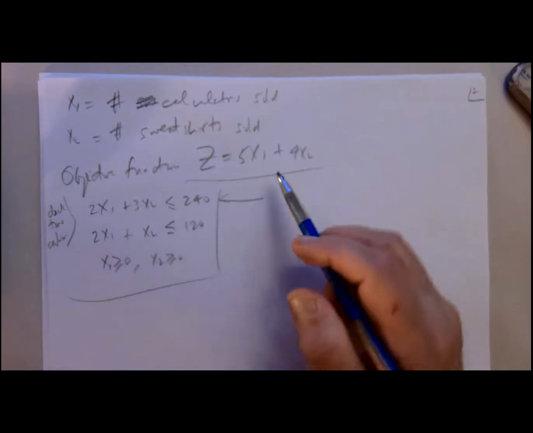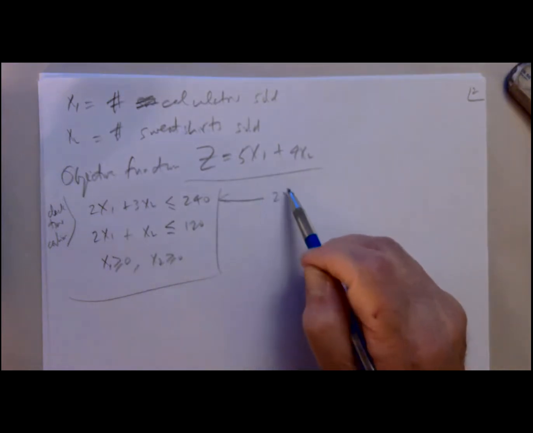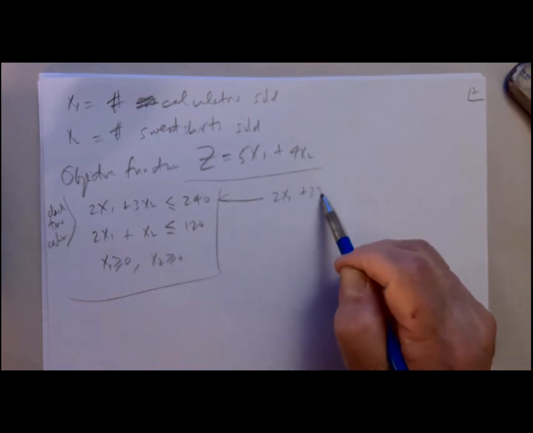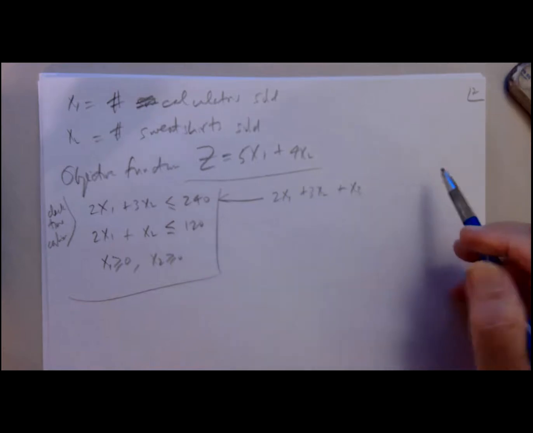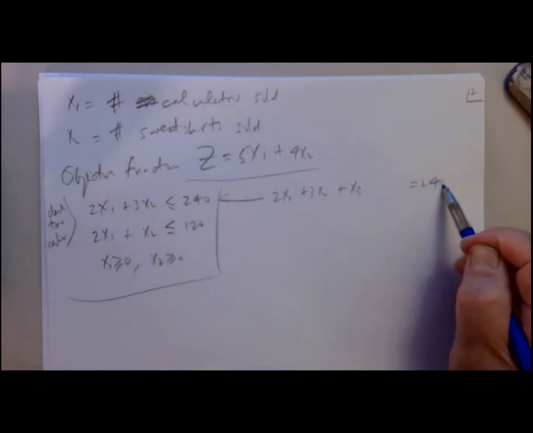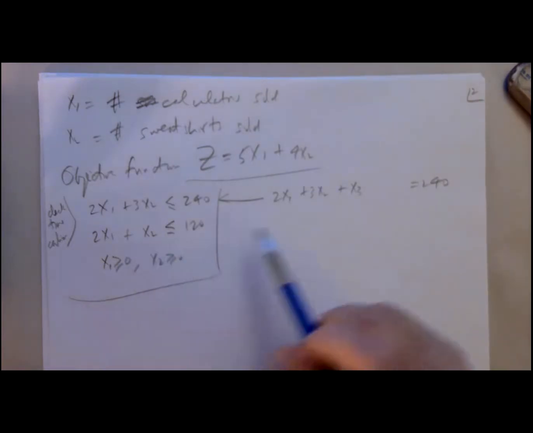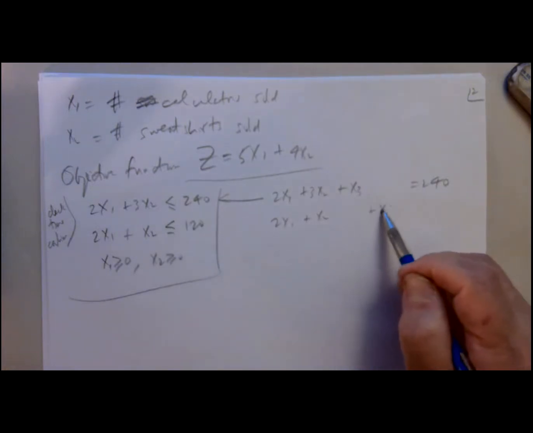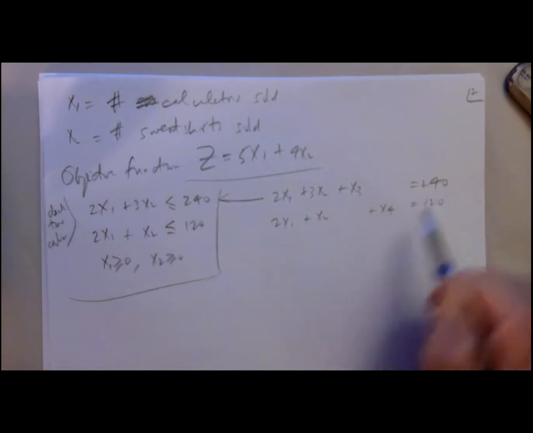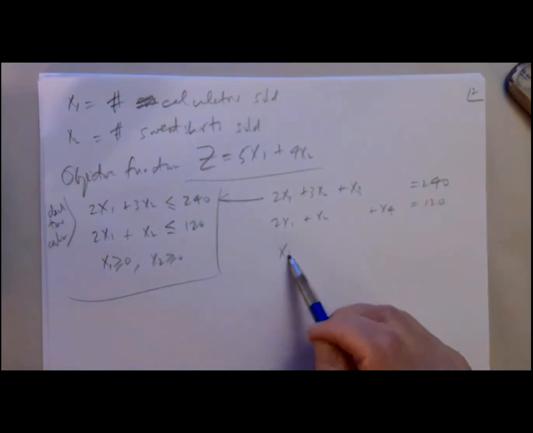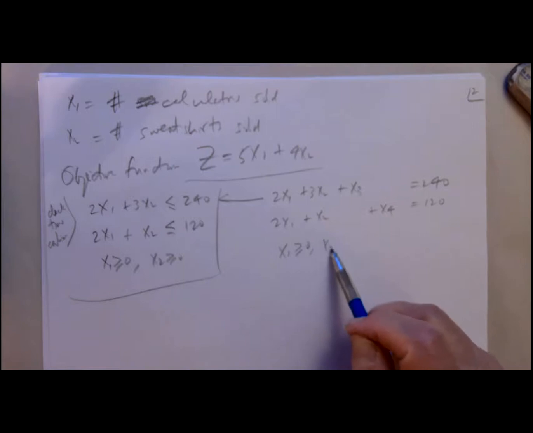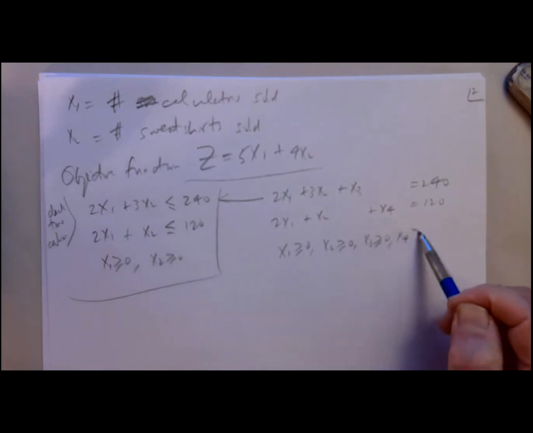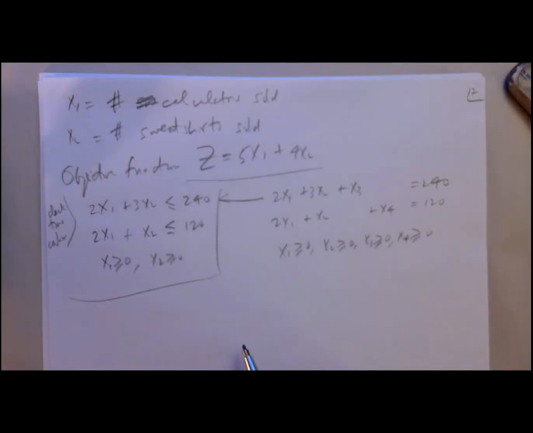So this first inequality becomes an equality if we make this 2x1 plus 3x2 plus the slack variable x3 equals 240. 2x1 plus x2, and we add the slack variable x4, equals 120. And now we have x1, x2, x3, and x4 each greater than or equal to 0.